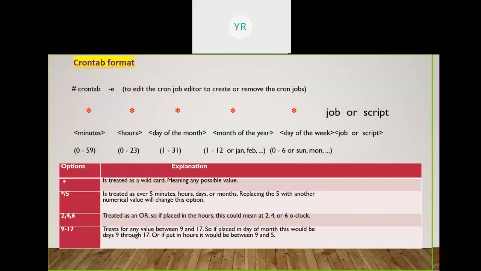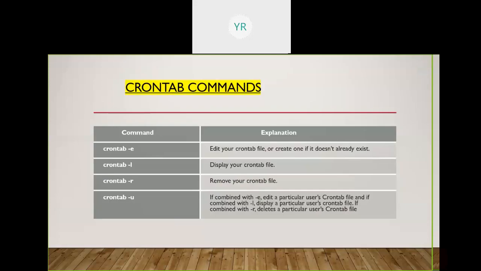Next, how to schedule a cron job. There is a specific format for this crontab. If you want to see the present crontabs for a user, you need to execute the command crontab -l. I will show you. By default, this command gives the crontabs for the root user.